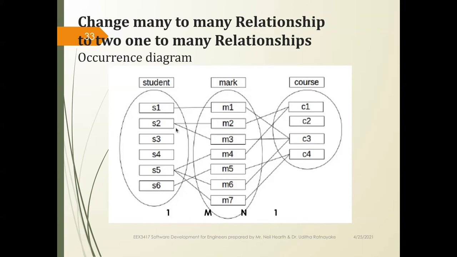So all the data become this: crow's foot line only on this side. There's no crow's foot line here. Here you can see the crow's foot line. So this becomes a table and this becomes a relationship. Many side, and this is one side, many side, and the M inside means both M and N are many side, and here is one side.